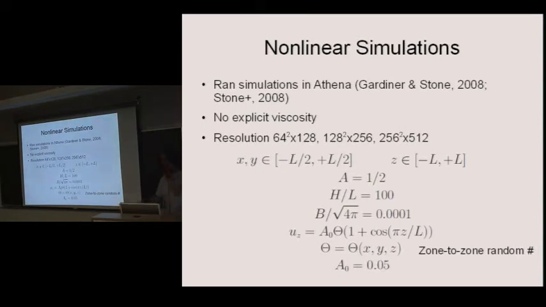That means that I'm kind of trying to be in this buoyancy limit where compressibility is not very important. I start with a very small initial magnetic field, and the perturbation I use is a zone-to-zone random number with a vertical smoothing so that the perturbation at the upper and lower boundaries goes to 0. And the perturbation that I start with is about 1% of the sound speed.